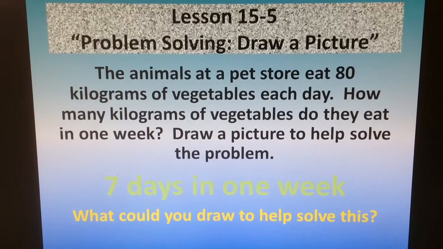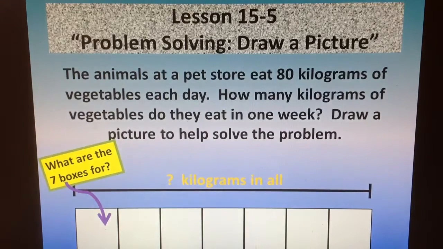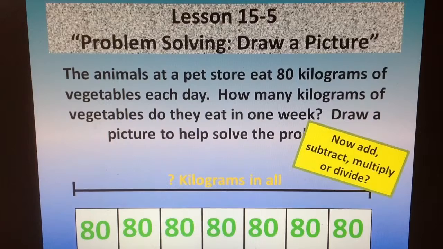Then we tried to think about what part-part whole map we would draw to solve this. Students drew 7 boxes, and we talked about what the 7 boxes are for. Each of the 7 boxes shows 80 to show that they were eating 80 kilograms of vegetables each day.